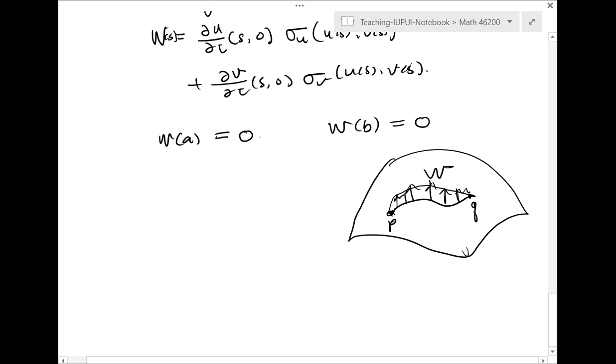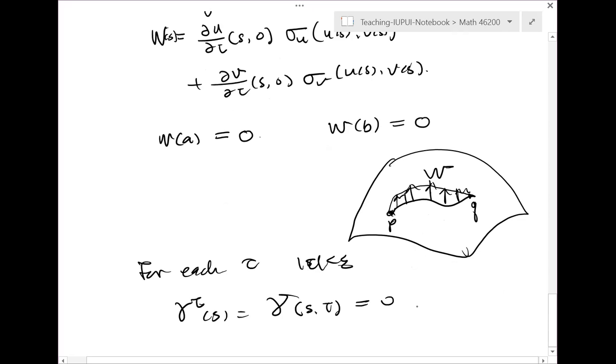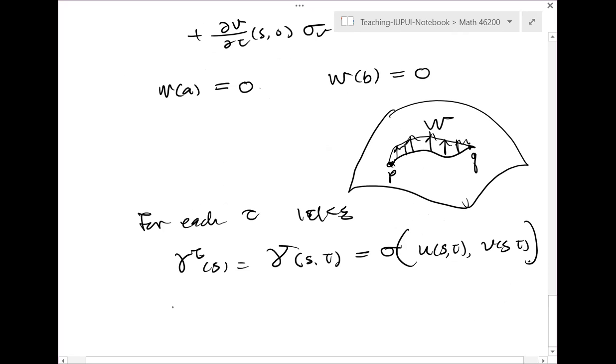For each tau, we get a curve, gamma(s, tau), which is sigma(u(s, tau), v(s, tau)). When tau is 0, this is the same as gamma(s).